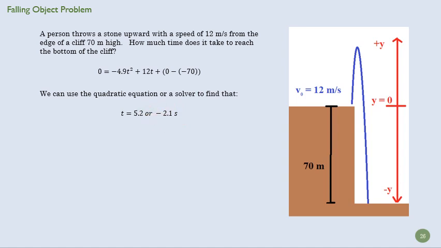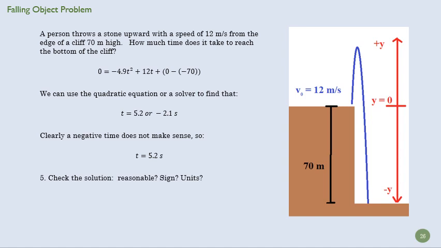This doesn't make any sense to say it takes negative 2.1 seconds. That's actually the time it would take to finish this arc down this way from this starting point. But we don't need to know that and aren't particularly interested in that. And so we take our answer to be t equals 5.2. So that's our answer to the question.